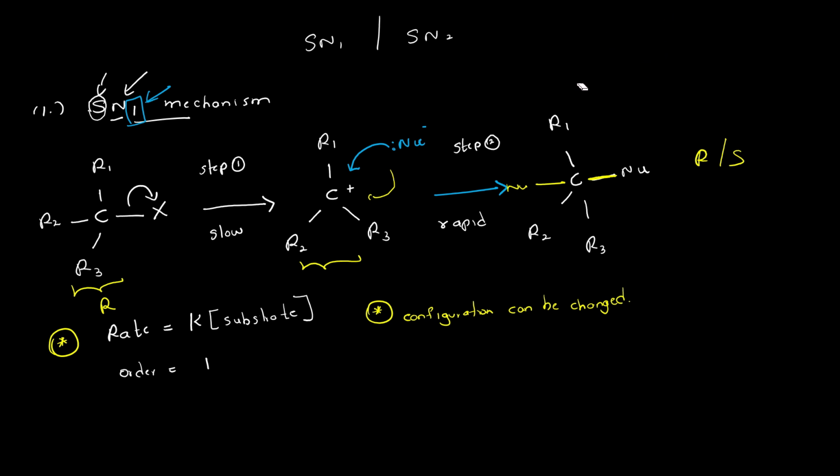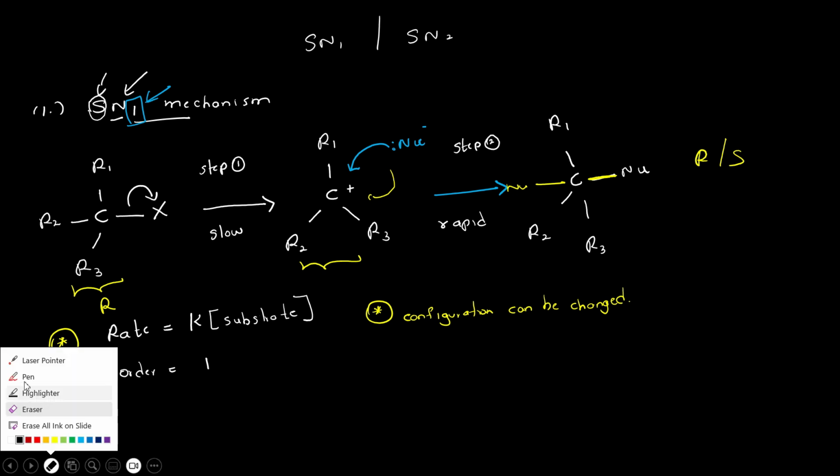And let's look into the SN2 mechanism. Let's take a molecule like this, R1, R2, R3. Here you have your leaving group. Now in the SN2 mechanism, this leaving group won't leave on its own.